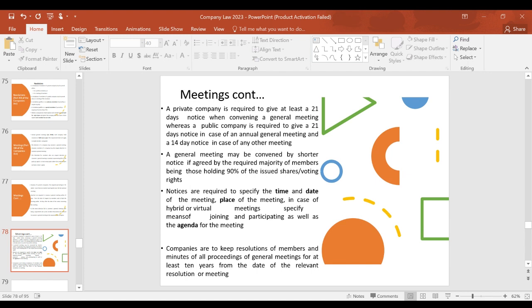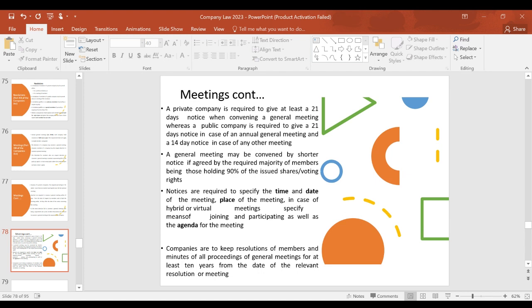If it's online, they have to indicate how members can participate, how they are going to join. It must also indicate the agenda for the meeting. What are we going to discuss in that meeting? It must indicate the time when that particular meeting is going to be constituted.